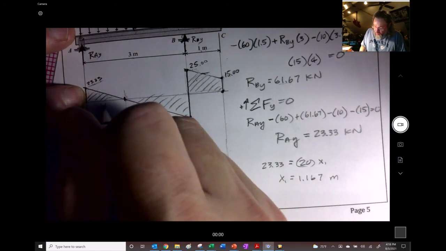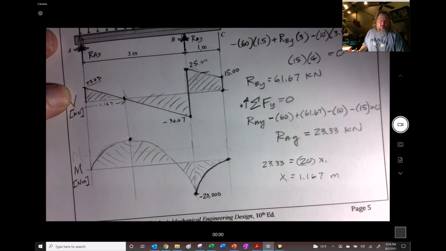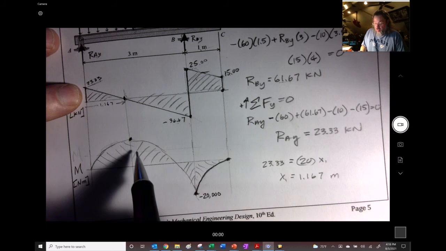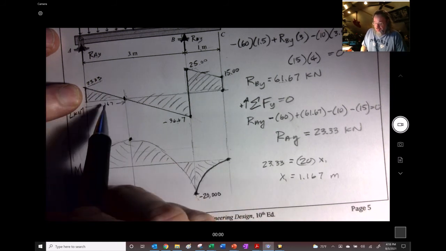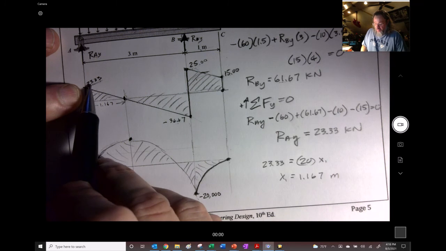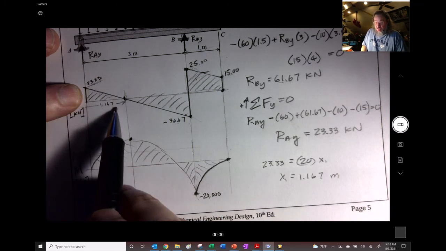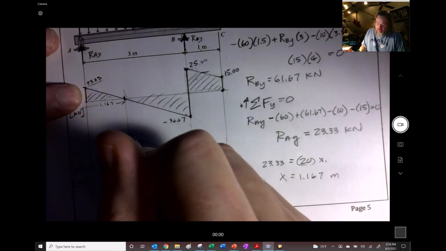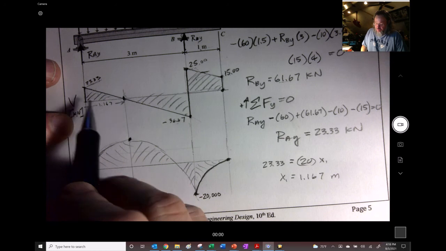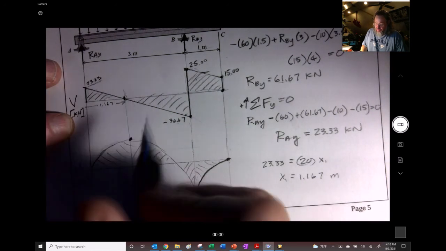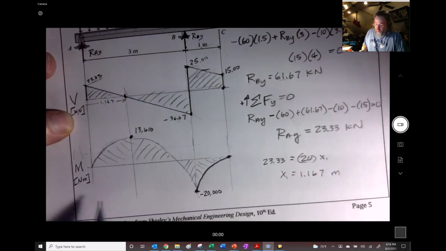So this 1.167 is that distance that it had to be to get to right there. So this value right here is the area of that, which is a triangle. So that's going to be 1/2 times 23.33 times 1.167. If we do that, we get 13.610, but remember these are kilonewtons, and this is meters, so we get 13,610 Newton meters.